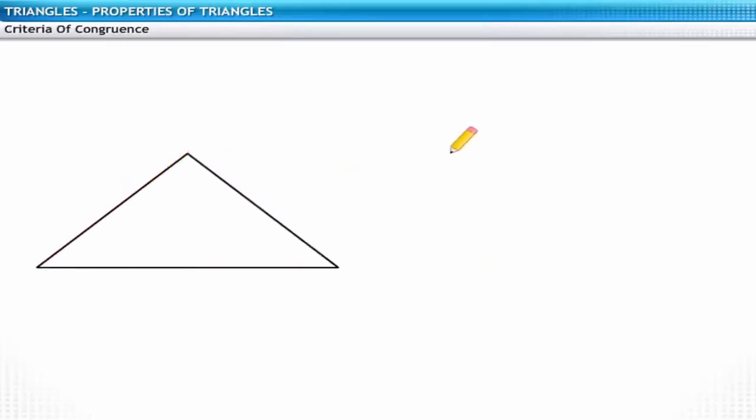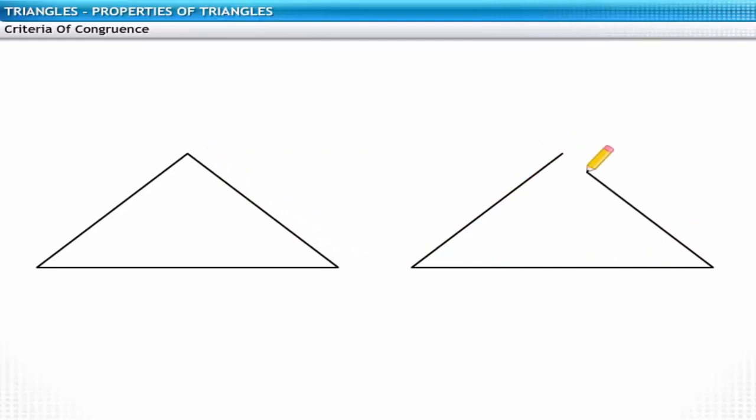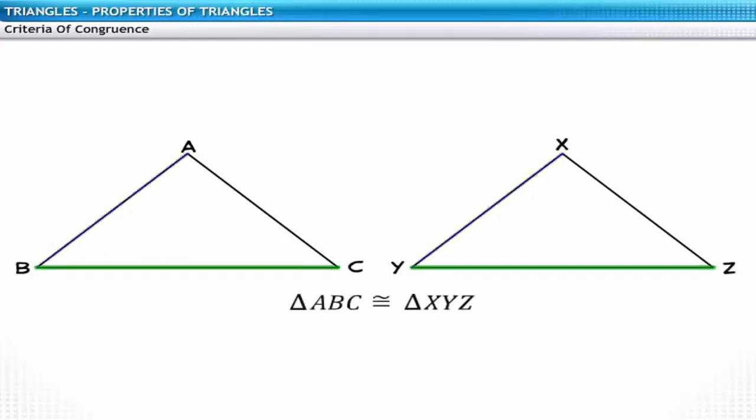Consider two triangles. For these triangles to be congruent, the sides and the angles of one triangle must be equal to the corresponding sides and angles of the other.